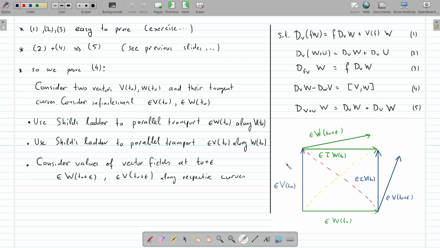And let's consider the values of those vector fields at those neighboring points. Of course, these values differ from the parallel transported vectors here, so it will be something different. Let's say that w at t0 plus epsilon is the value of w at this point, and also multiply it by epsilon to make it infinitesimal. We do the same thing for v, and we obtain epsilon v here to be this vector.